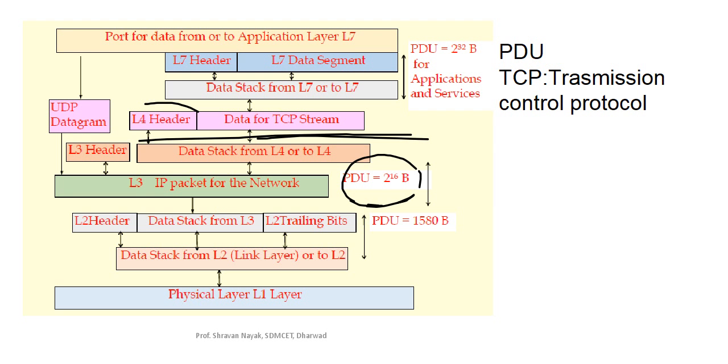So the datagram sent from L3 has a maximum size of 2 to the power of 16. Then you can see here it keeps coming to the lower and lower layer, right? So this is what happens in a typical communication between the source and destination, with the values of the PDU, right?